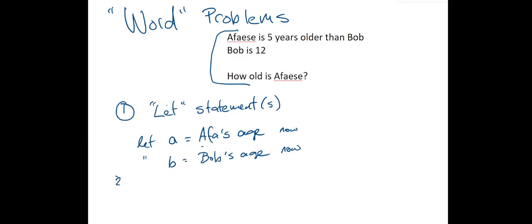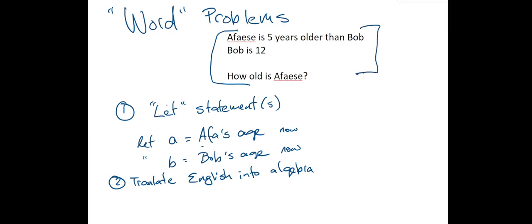The second thing we want to do is we want to sort of translate English into algebra. What I mean by that is I want to convert these statements here, so I want to extract as much information as possible that they give us. So when you go to get your teeth pulled, it's called an extraction.